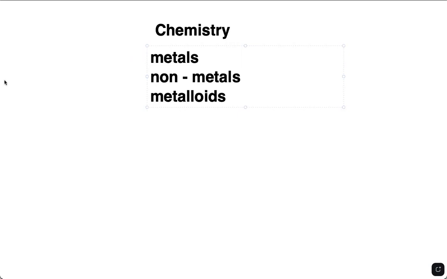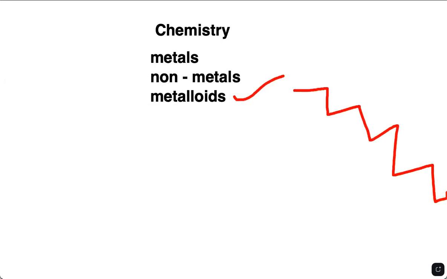And you see, as you go further in discussing chemistry, you will find that there's a bit of a discussion which is done within these metalloids, where we talked about a zigzag line, if you remember.